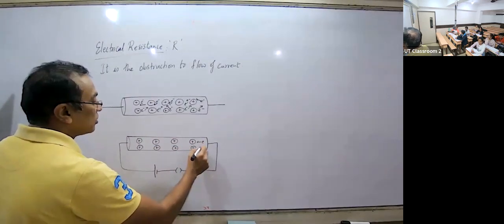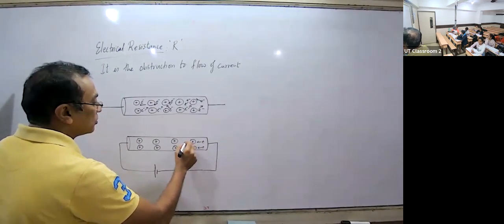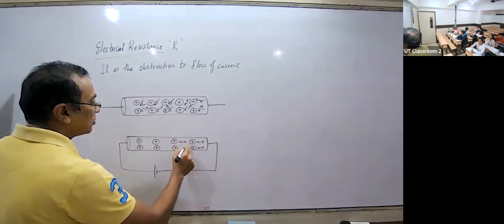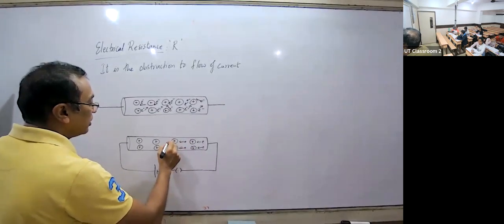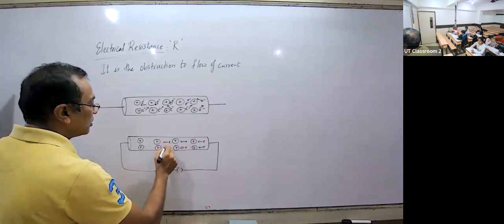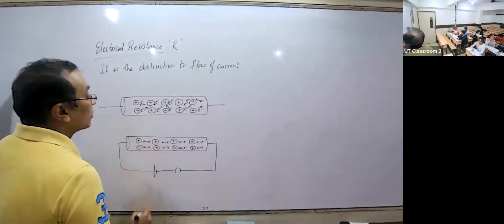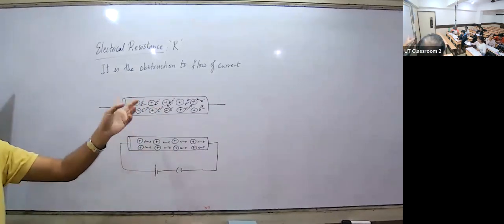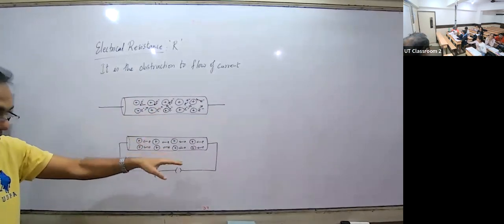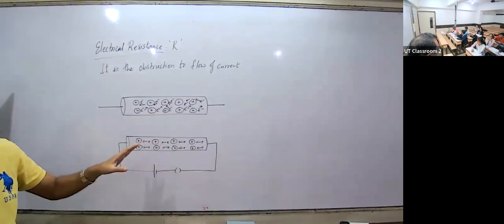These electrons will be forced to flow in their direction. So the random movement of electrons will be forced into a specific direction.